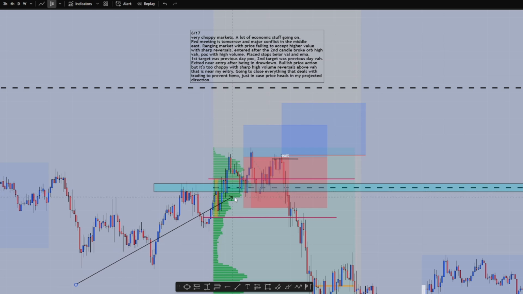But my rule is that for the candle that breaks out of the ORB, 75% of that candle has to be out of the ORB. So although this candle did great things, it broke out of the ORB, broke above the zones, and it's a nice bullish candle, doesn't have a lot of wick at the top, it's still not valid for my trading strategy when it comes to trading the ORB.